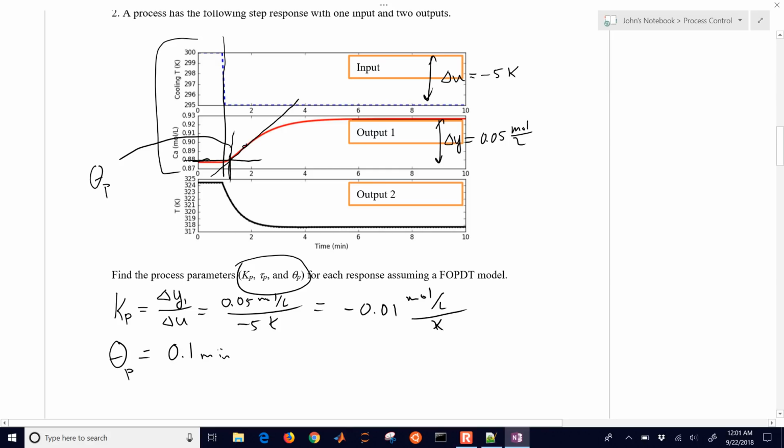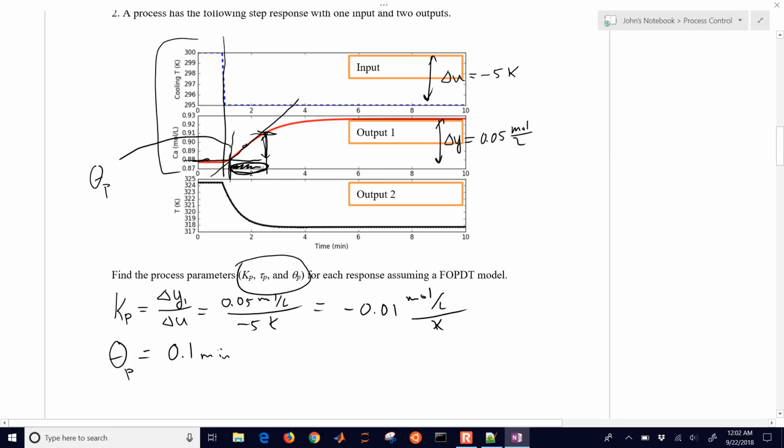Okay, after the dead time, I want to see how long it takes to get 63% of the way there. So this is about 63% of the way there. You'd multiply the 0.05 times 0.63 and come up with the level right there where it crosses, identify the time at which that takes place, and then look at this region of time right here.